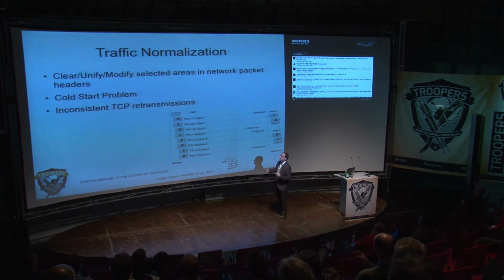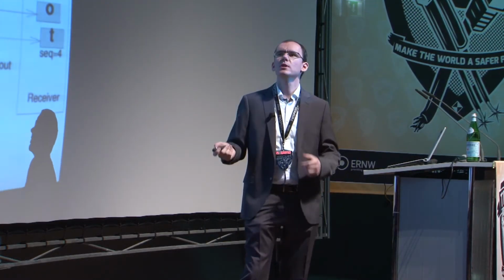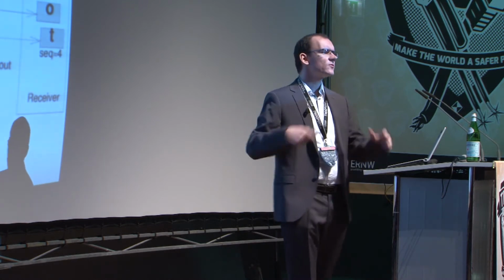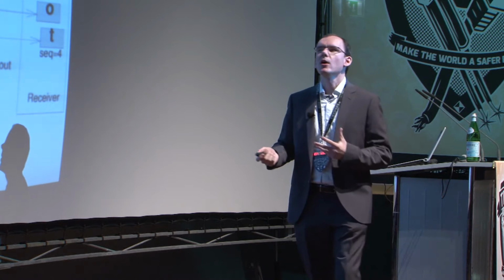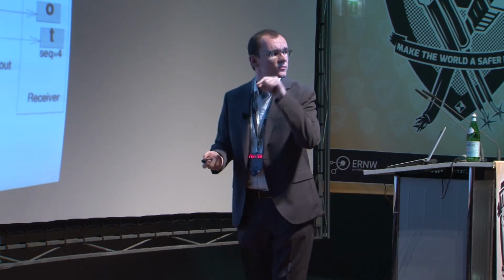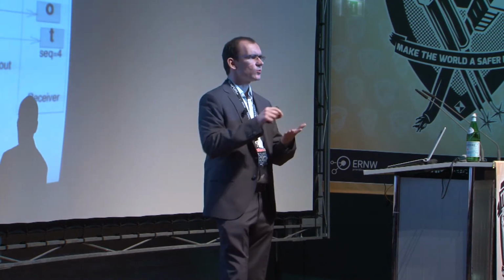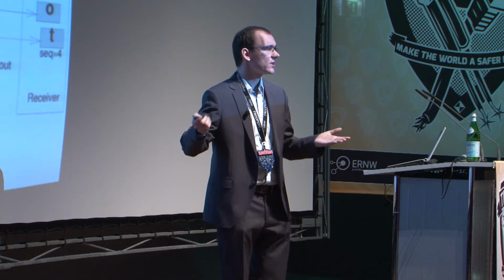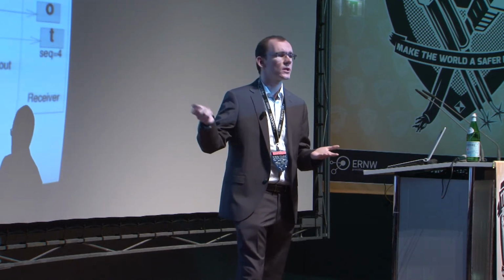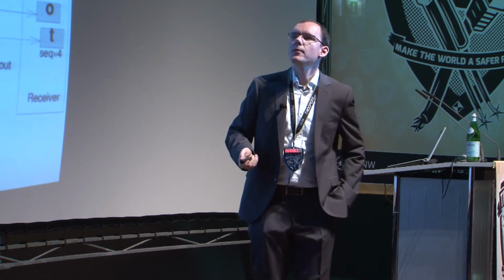Nobody is aware of the fact, but actually they are very, very useful because they clear, unify, modify redundant header areas, unused areas where we usually place our hidden information into. Yeah? So if we hide data in the reserved flag of the IP header, these normalizers clear it. Most normalizers can do that. I think Snort normalizer, OpenBSD PF scrubbing, they can do that.